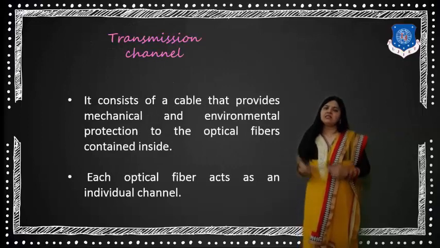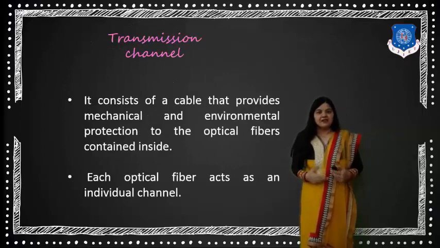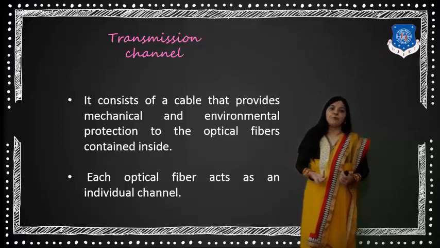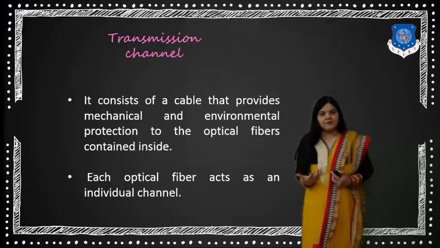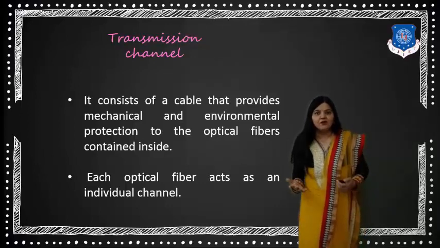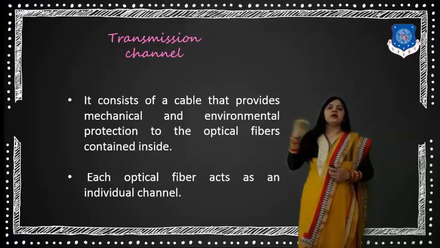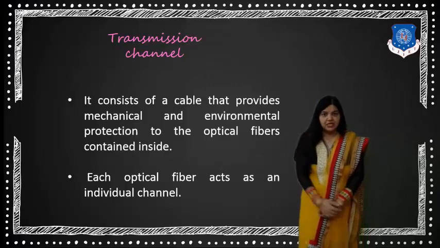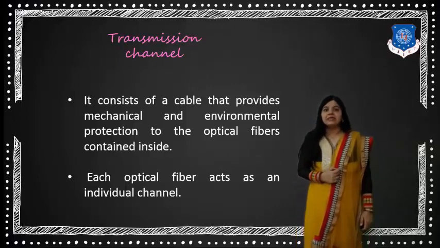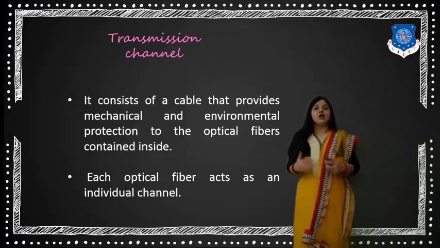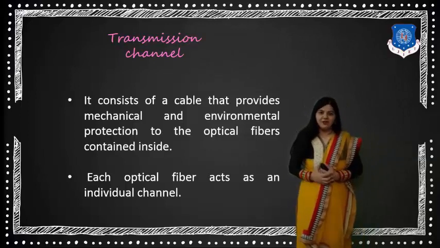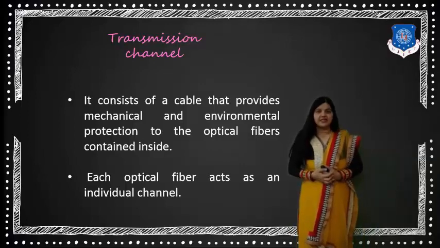Okay, now in the transmission channel, what is over here? The fiber optic cable. It can be the coaxial cable, or copper wire in the ordinary phone system. So it consists of the cable that provides the mechanical and the environmental protection to the optical fiber connected inside.